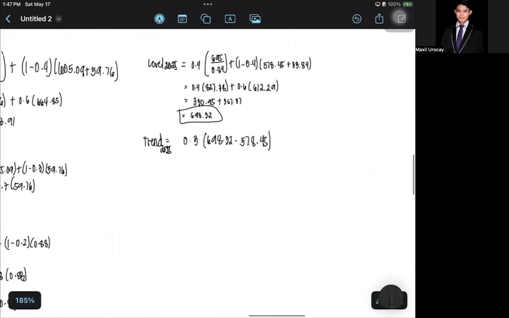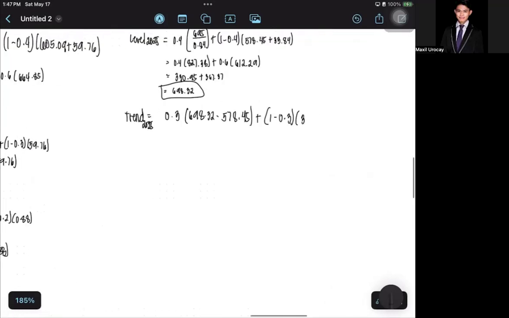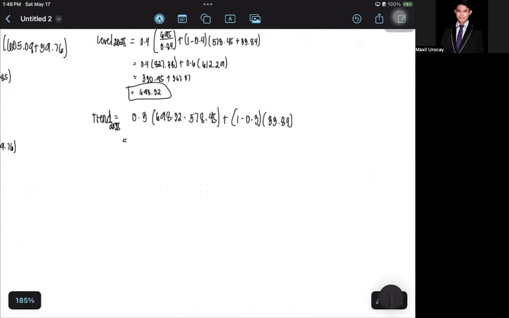And then plus 1 minus 0.3, times the previous trend, which is 33.84. Calculating 698.32 minus 578.45 is 119.87.